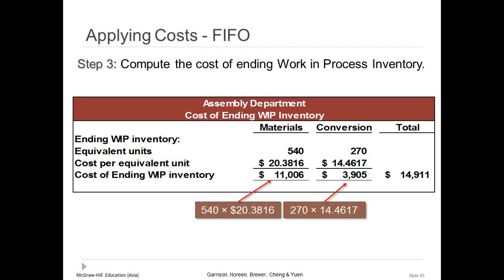The third step is to compute the cost of ending work in process inventory, so 11,006 for materials and 3,905 for conversion, and 14,911 in total.